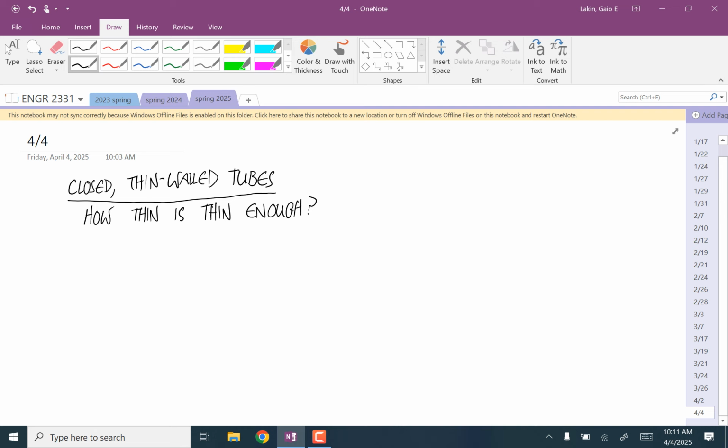But the short answer, let's say 1/10 of the radius, like the distance from the centroid. And that's for a circular shape. For other things, just think 1/10 of the size of the cross section.